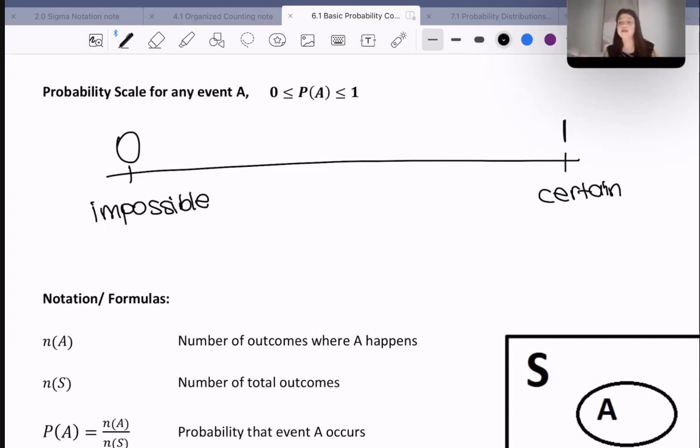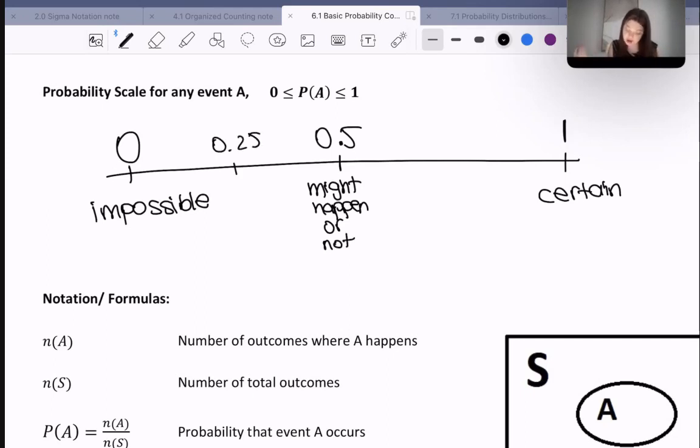Now, reality is it's the numbers between the numbers that matter most, because most things will not be either impossible or certain. These are the extremes of the probability scale. Most things will have some probability that makes them closer to impossible or closer to certain, but not exactly impossible or exactly certain. So for example, if we have a probability of 0.5, that means it's equally likely to happen or not happen. What if we have 0.25?